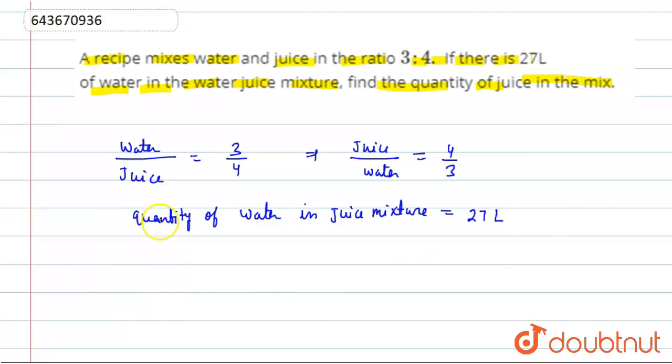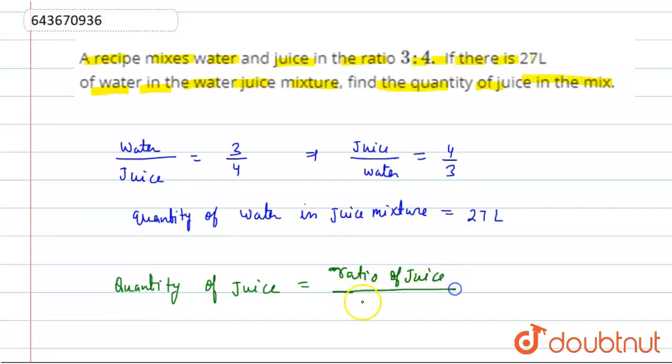Now we find the quantity of juice. Quantity of juice will be equal to the ratio of juice by the ratio of water into the amount of water.